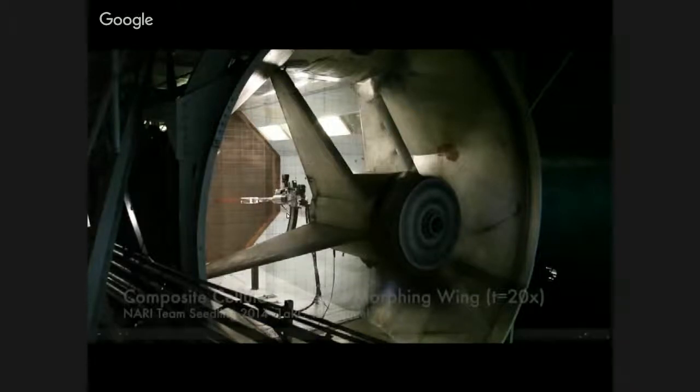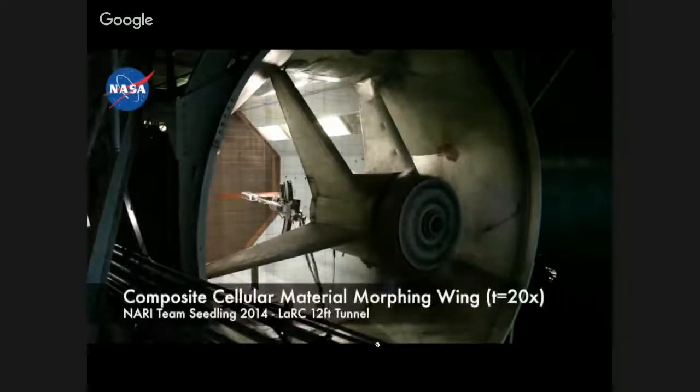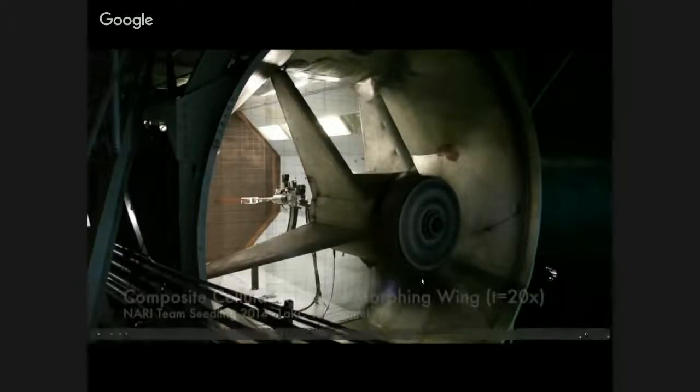So what you see here is the test model in front of the turbine that pulls the air through the wind tunnel. And this whole section is suspended inside a sphere so it can rotate. And the idea there is it can point up a little bit, which makes it so that you can actually fly something inside it.